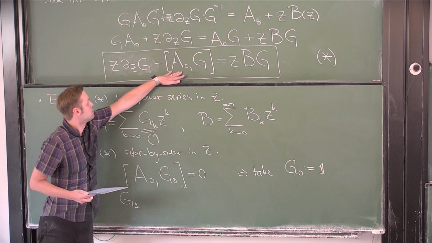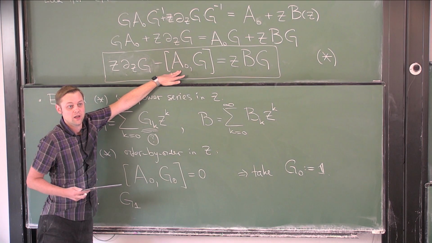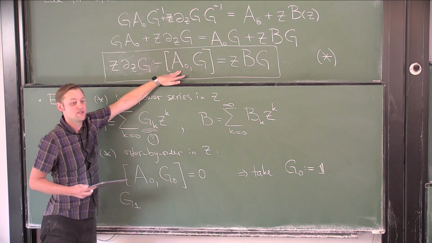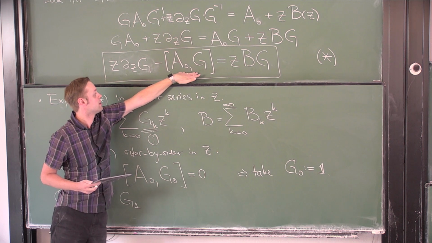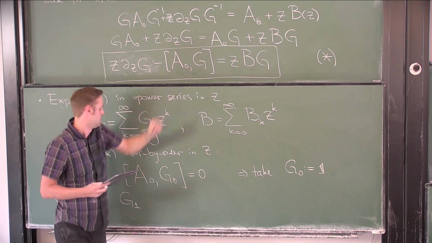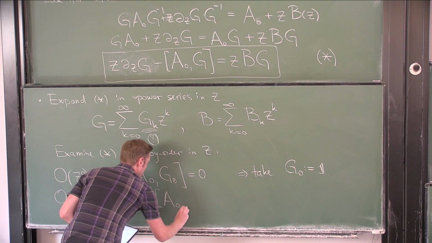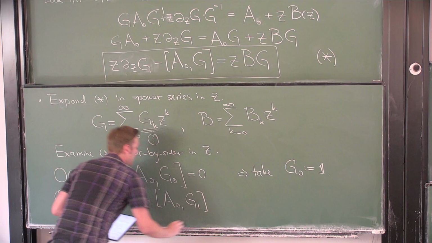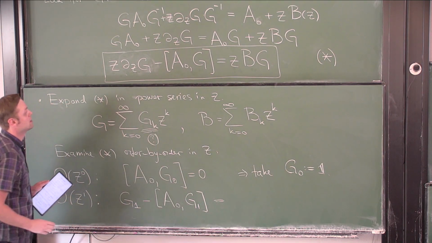Now what about this term? Yeah, G1. We need a contribution that appears at first order, so it's just G1. So we have G1 minus the commutator of A0 with G1. And then the right-hand side is what?